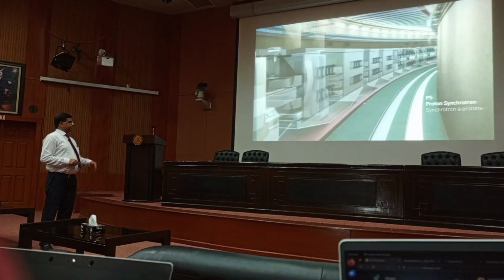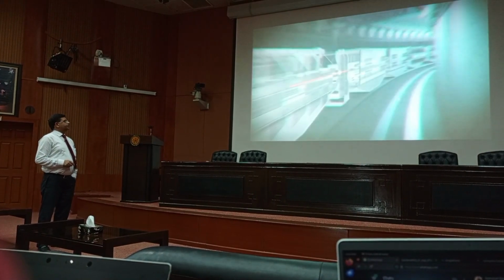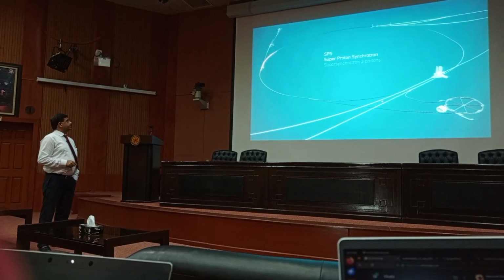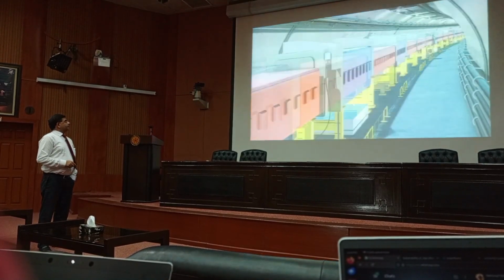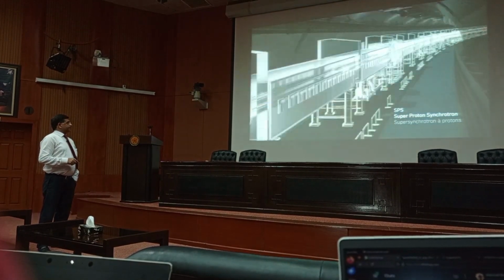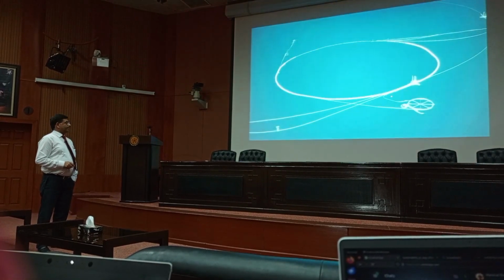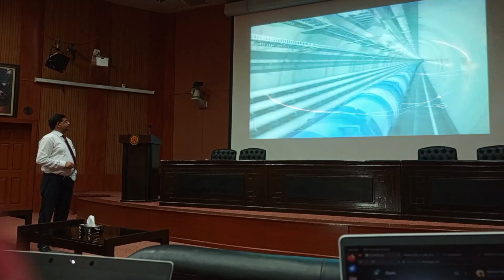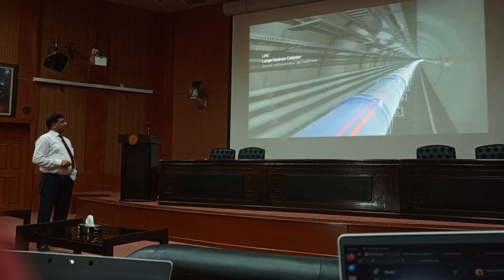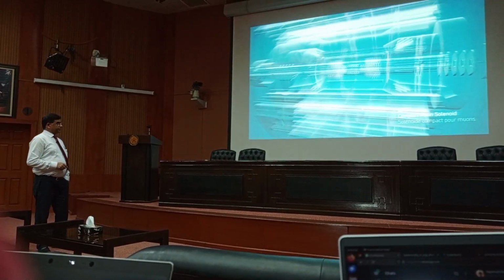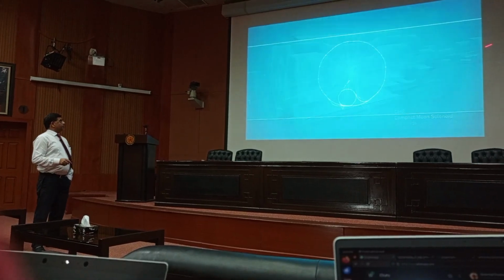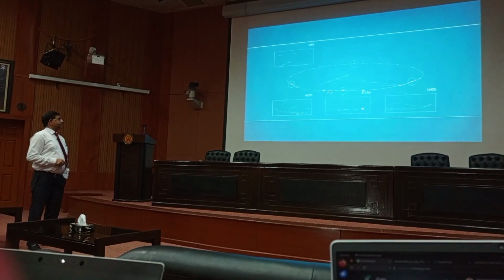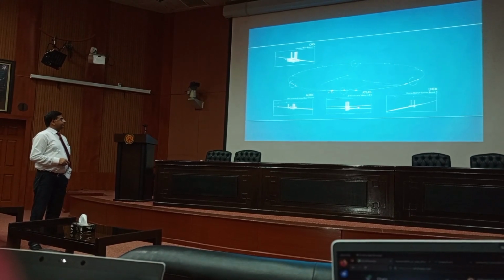The energy goes to the GeV range, and the super proton synchrotron is 6 kilometers in circumference. You can see these are the magnets, and then this is the Large Hadron Collider with 4 major experiments. This is the tunnel, hundreds of meters below the ground, and the CMS experiment. Two particles collide, and large data is collected and saved in different grids and computers.